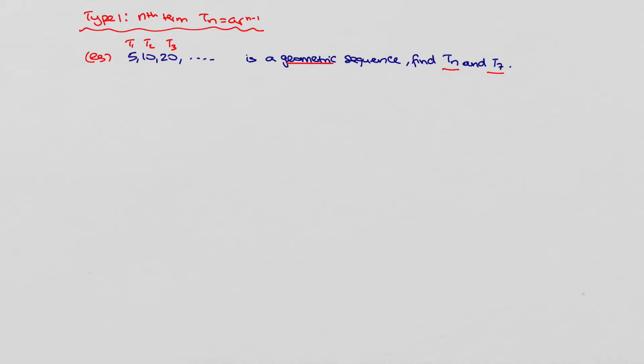If we look at type 1, we have the nth term, t of n, is equal to a times r to the power of n minus 1. What we want to do here is find the general term for this geometric sequence and find t of 7.